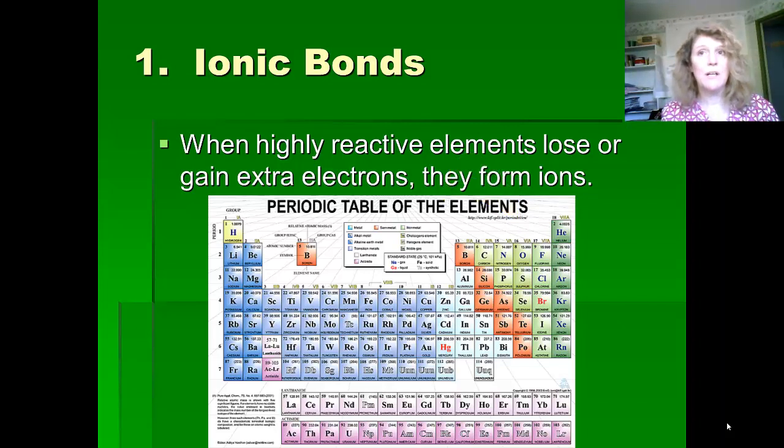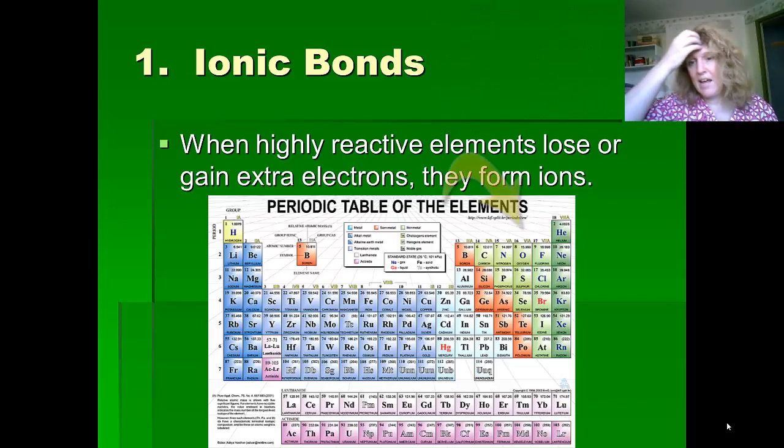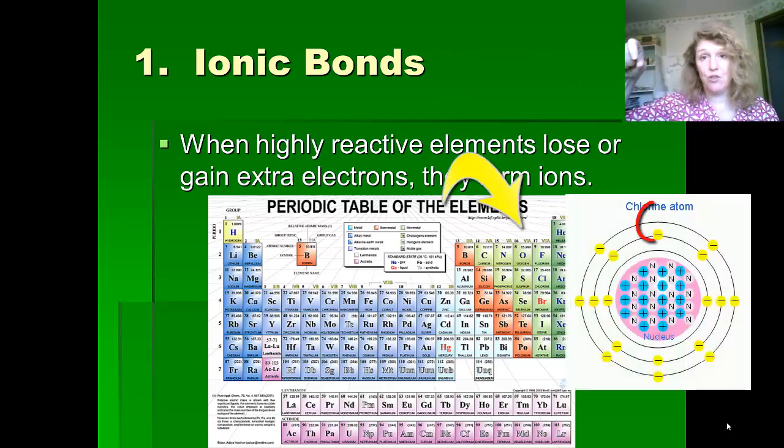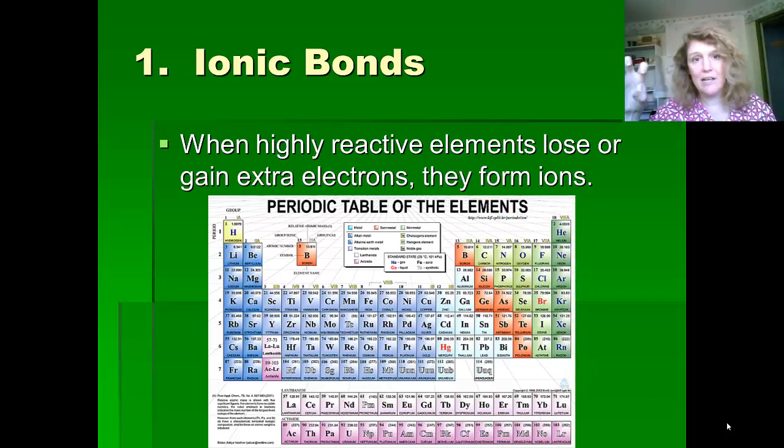So the ones on the left side of the periodic table have one or two extra electrons in their outer shell that they like to lose, while the ones near the right have one or two extra holes that they're trying to fill, and so they like sucking extra electrons in.